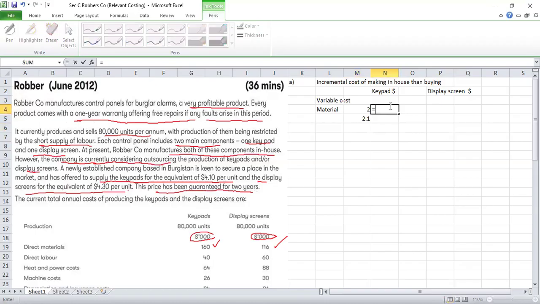It is 2.1. So 2 is multiplied by 50% demand, 40,000, and this 2.1 is multiplied by the remaining 40,000, so 84,000. These are the two different costs of material.